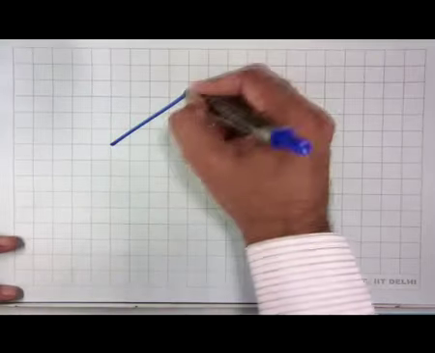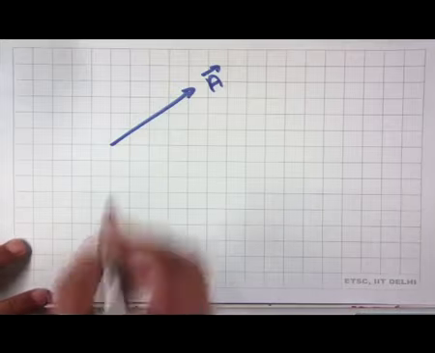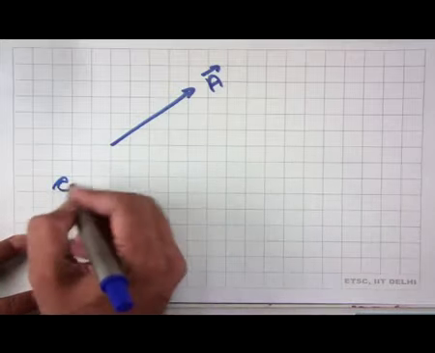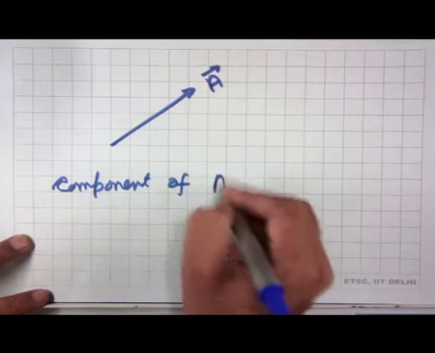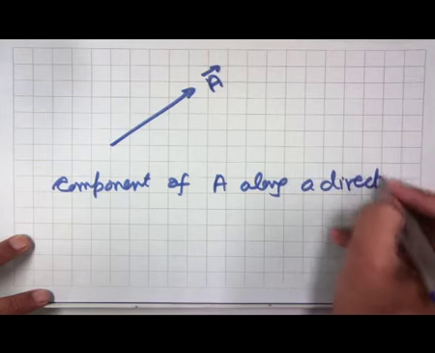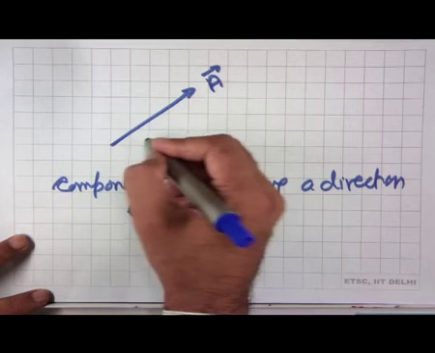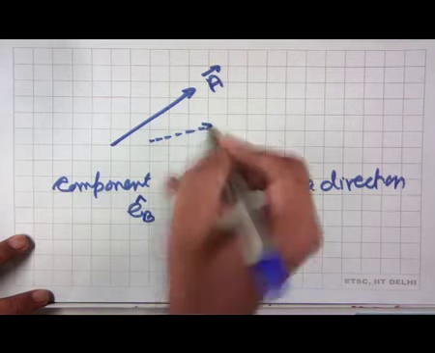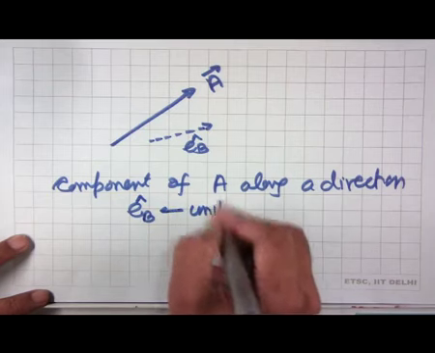Suppose we are given a vector A and we have to find the component of A along a direction EB, where EB is a unit vector along that direction.